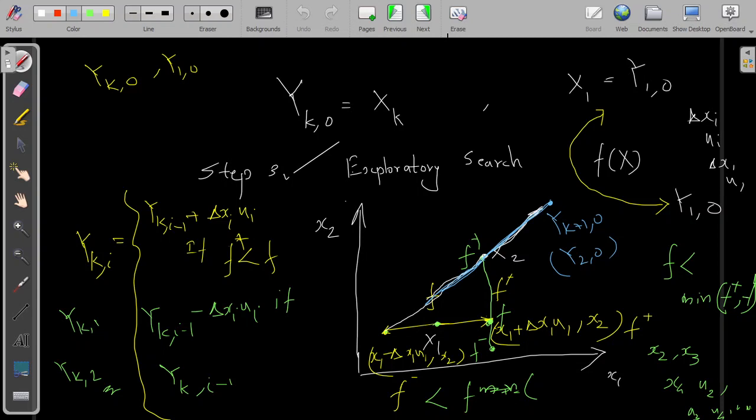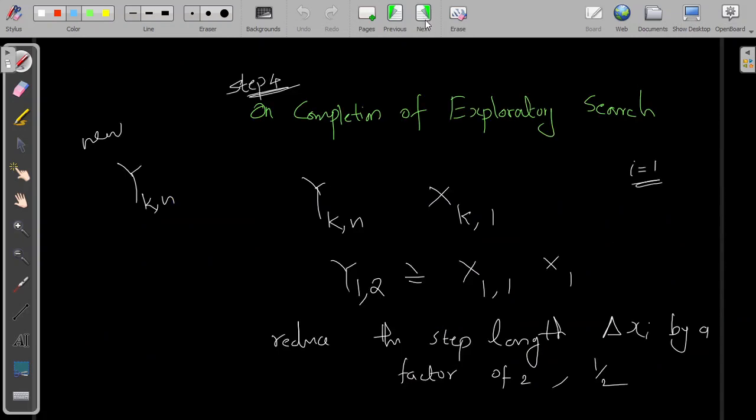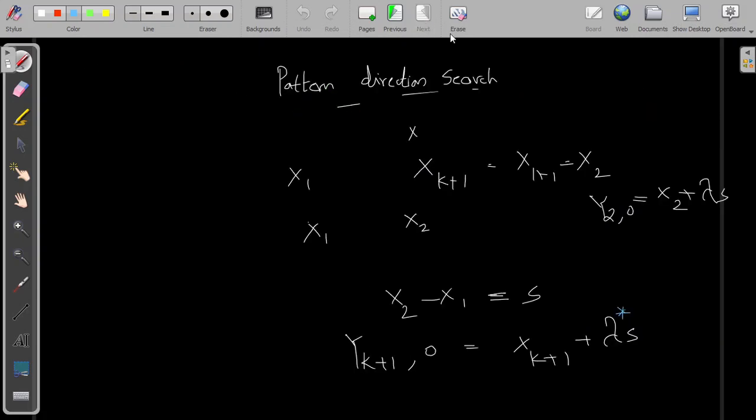Now in this step, in this pattern direction search, we said that yk plus 1, that is y20, is obtained as xk plus 1, that is x2 plus lambda star s. And I told you to refer to the univariate search method in order to find out the lambda star.